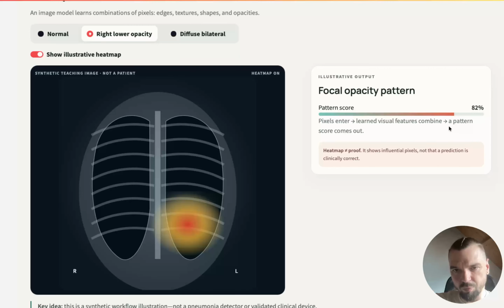It's important to say that none of the computer vision models know that this is lungs, that this is potentially cancer or something else. It knows only the brightness of pixels.